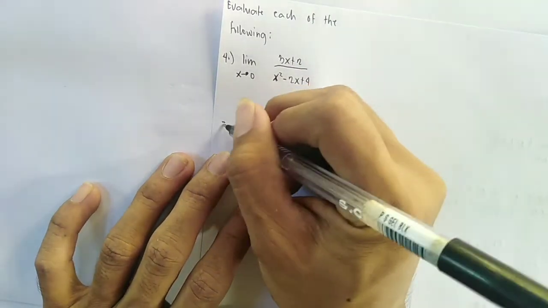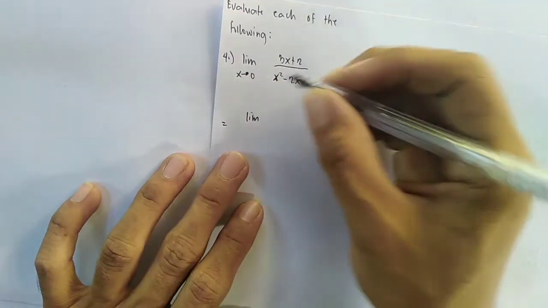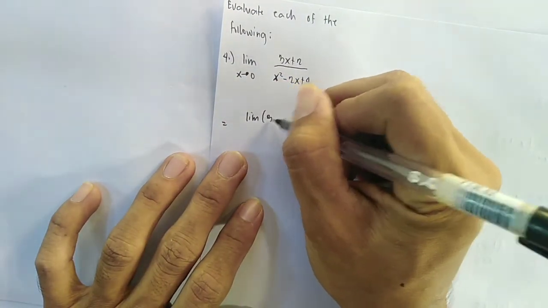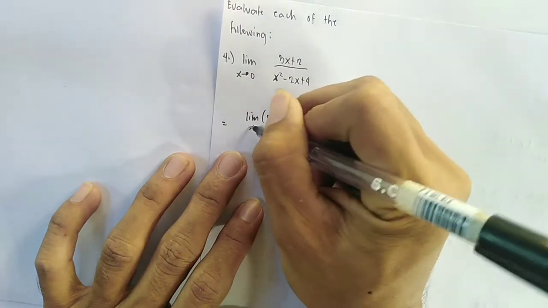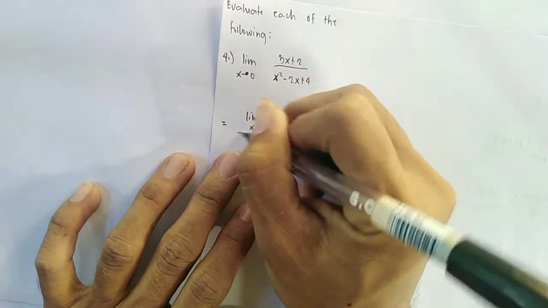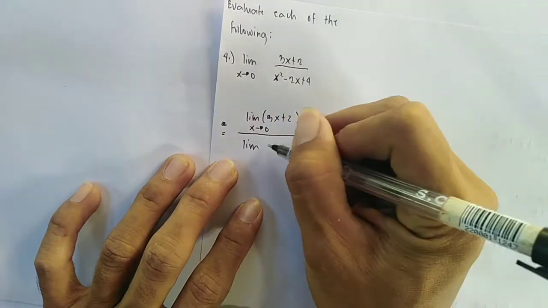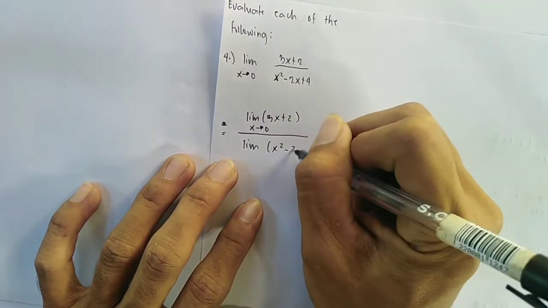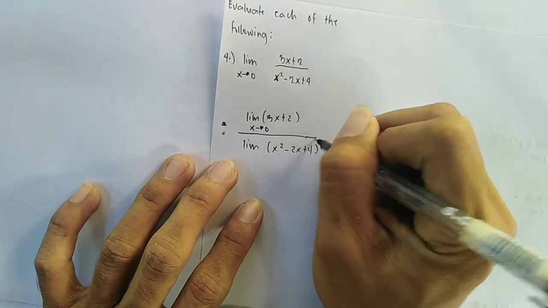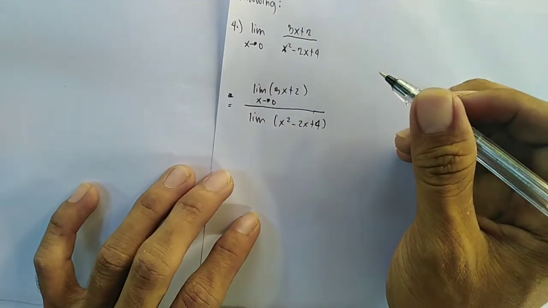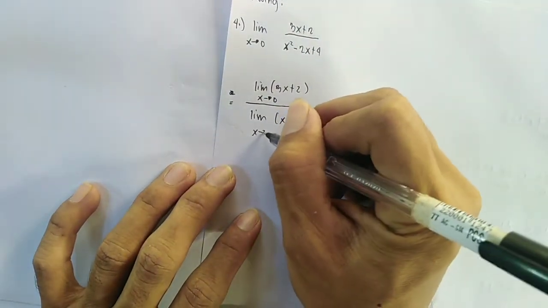So you can get the limit of 3x plus 2 as x approaches 0, all over the limit of the function defined by x squared minus 2x plus 4, as x approaches 0.